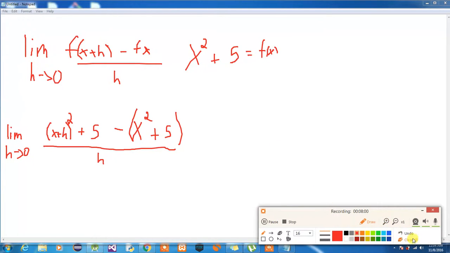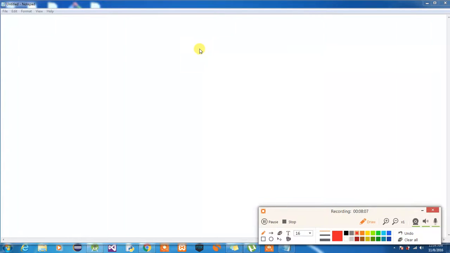I'm going to do a few more examples of how to set it up, because it can trip people up, and that's part of what we're covering. So let's say we have 2x squared plus 5x minus 3.